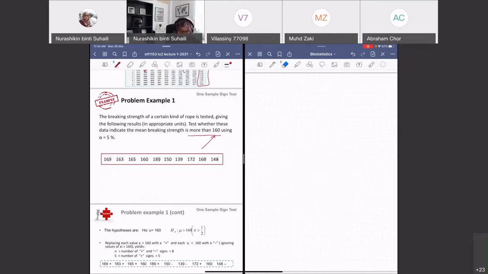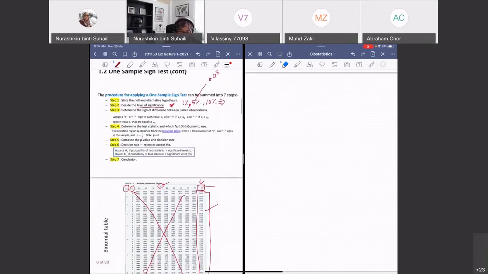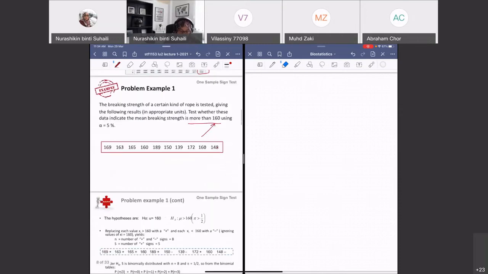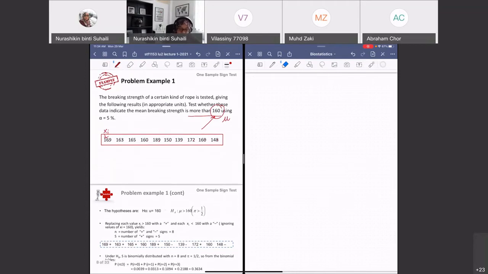To apply all the steps that we have here, step 1 is to state the null and alternative hypothesis. Here, you denote this as mu, and each of these data is xi.